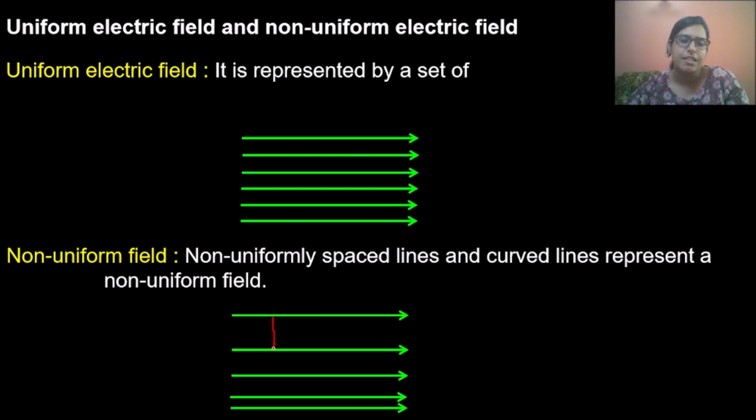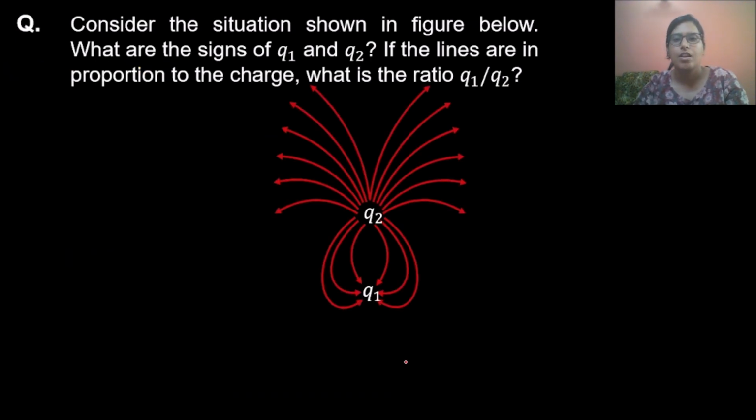Suppose this distance is R1, then this other distance will not be R1, suppose it is R2. So if electric field lines are like this, they are called a non-uniform field. Now depending on that property, we will solve a question. The property was that electric field strength is proportional to the number of field lines.